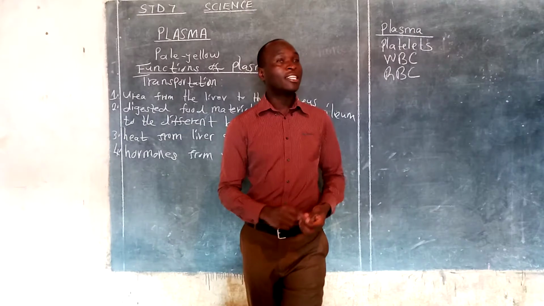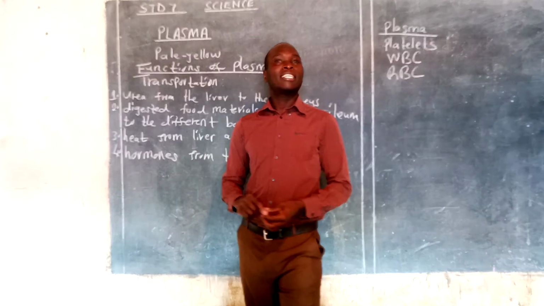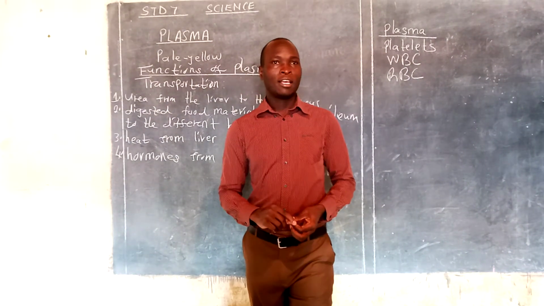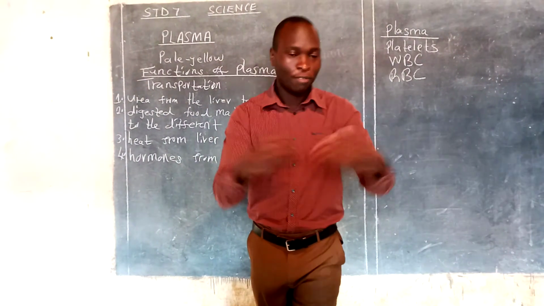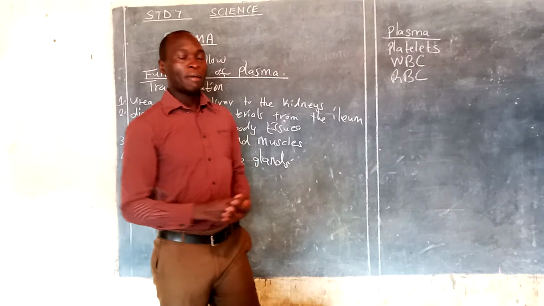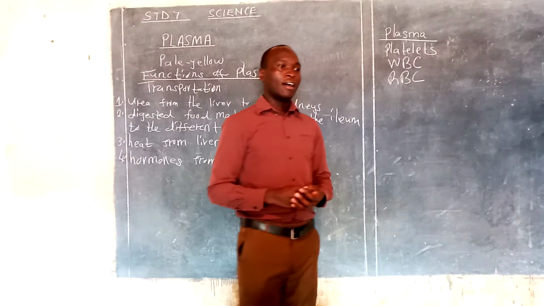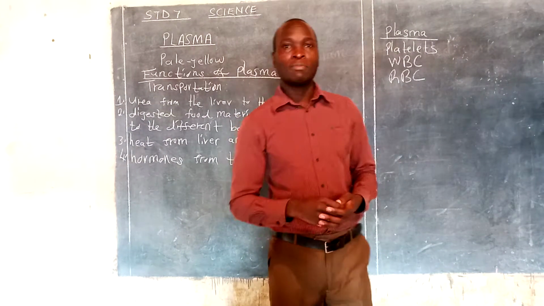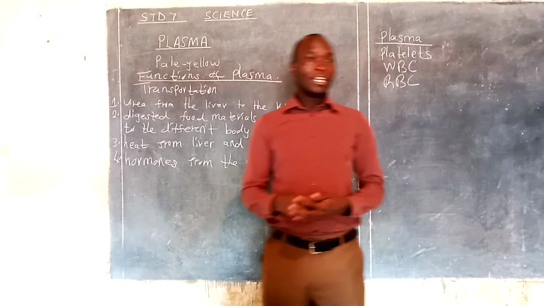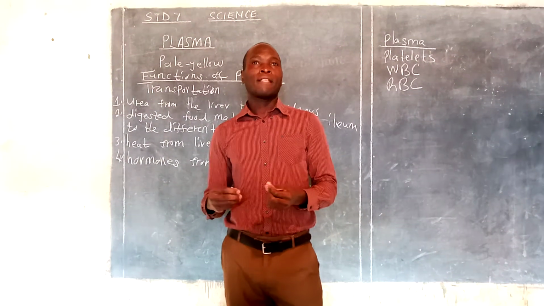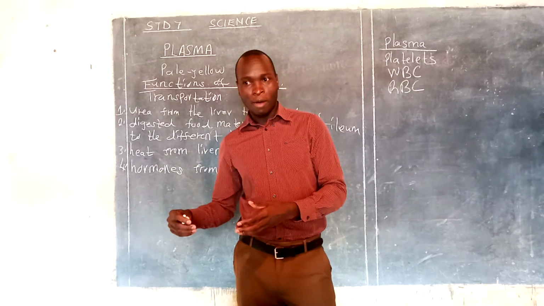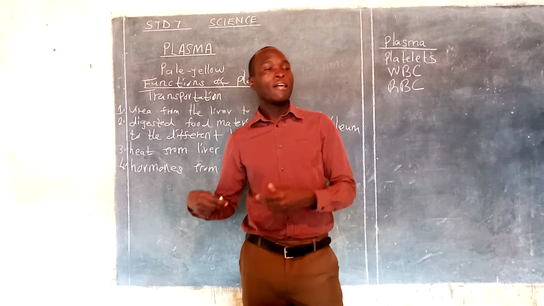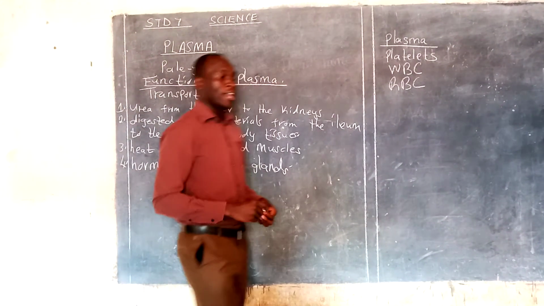Then another one is that plasma transports carbon dioxide from the body tissues to the lungs for excretion. You remember, we have said that exchange of gases takes place in the lungs. So it is the work of the plasma to transport the carbon dioxide from our various body tissues to the lungs for excretion.